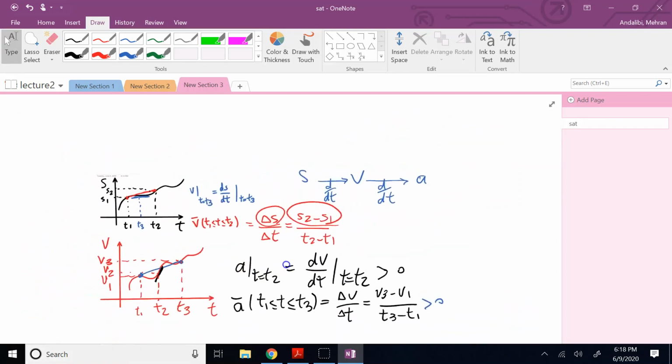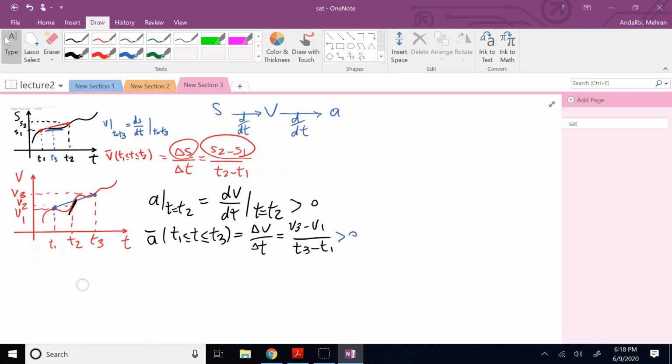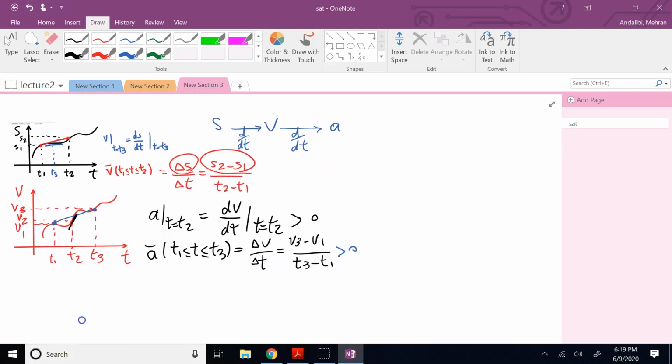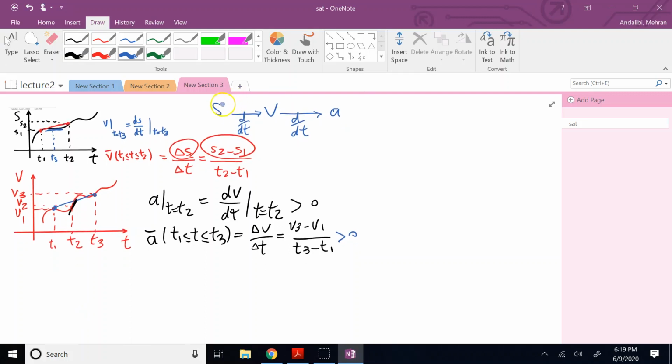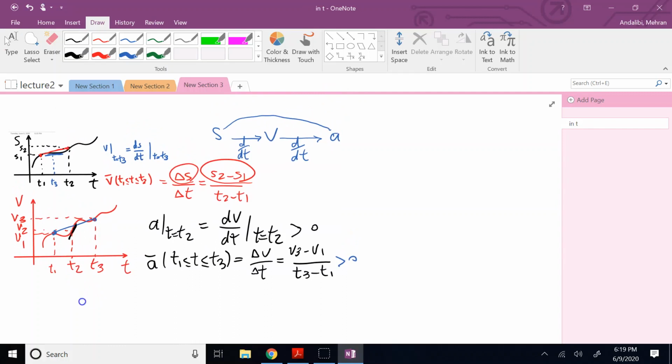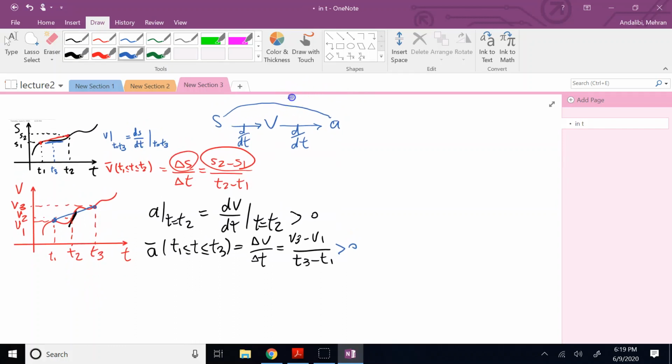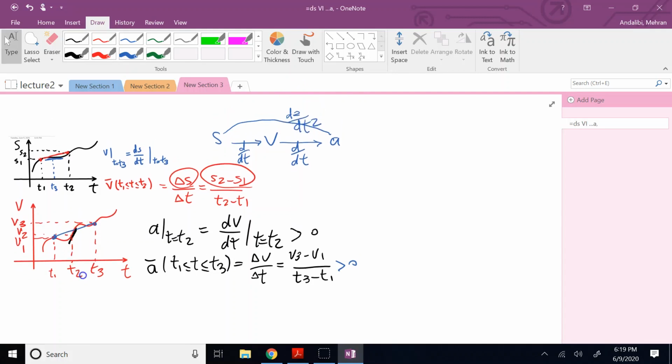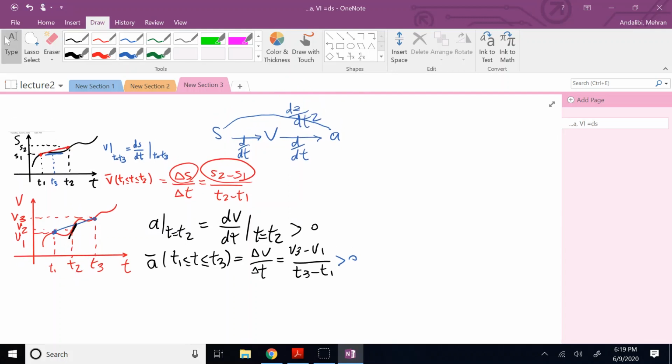Yes, but you need to take what? Second derivative, right? You need to go like this, and you need to do a second derivative, which is curvature. So you can do that.